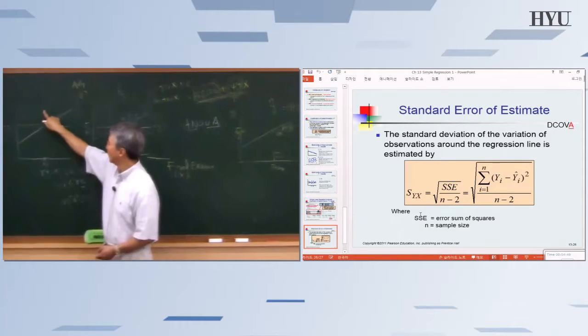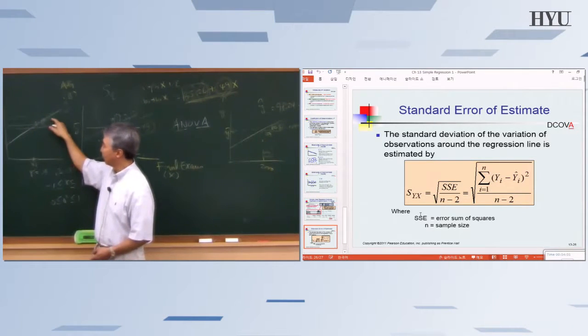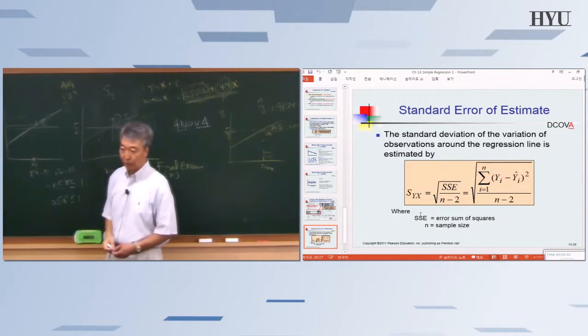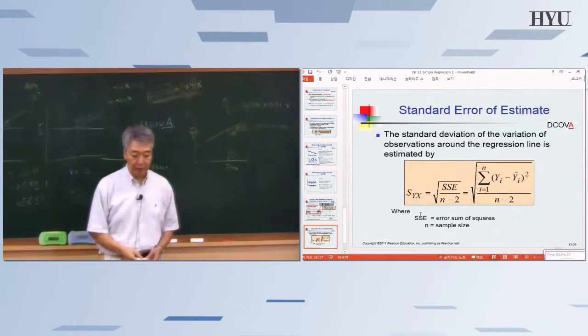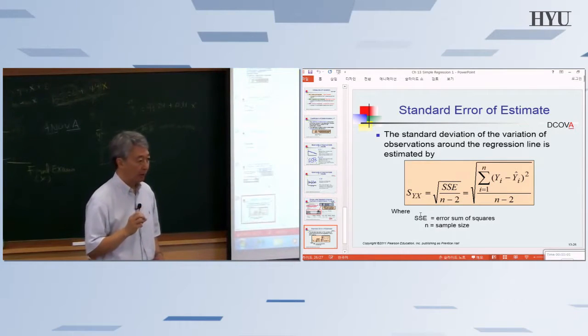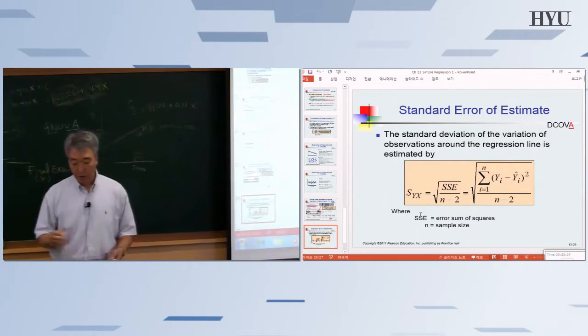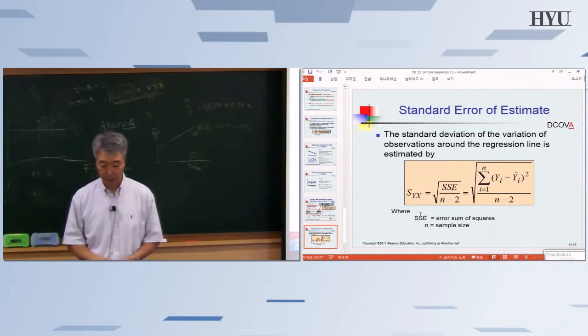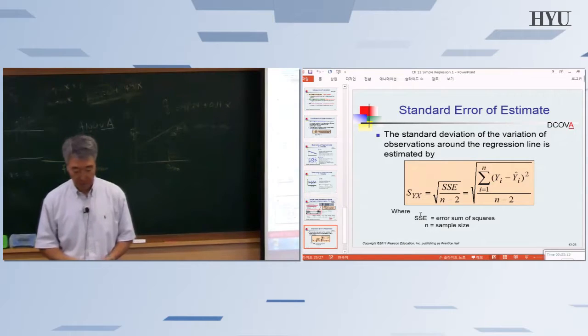But if all the data points are around the regression line like this, then your error will be pretty small. So standard error of estimate gives you that idea: how tightly the data points are scattered around the regression line. So the smaller the better. In an ideal situation, you will have a very small standard error of estimate.